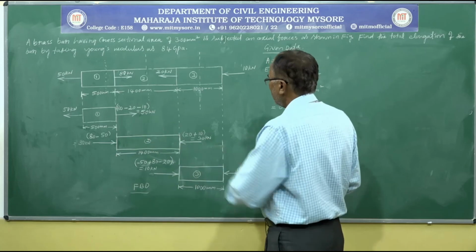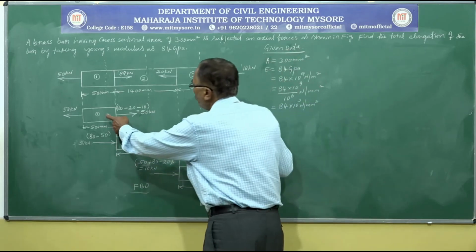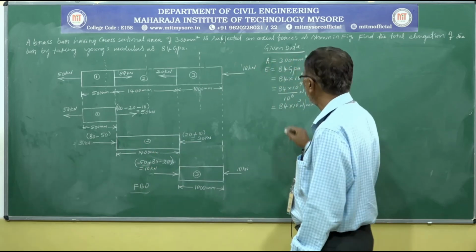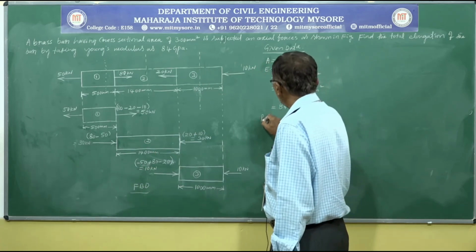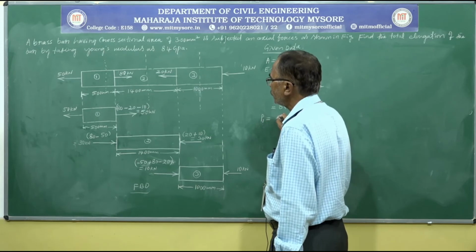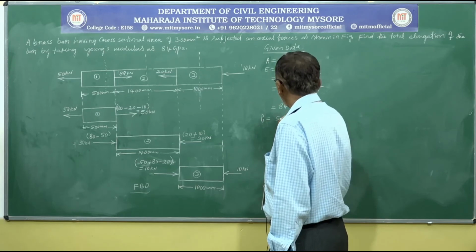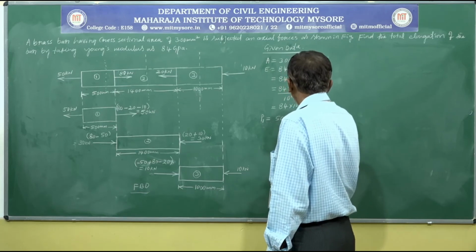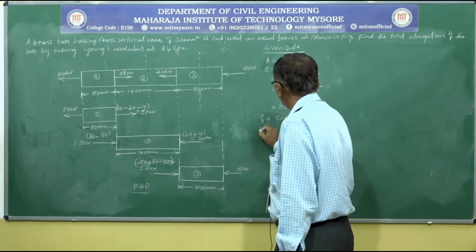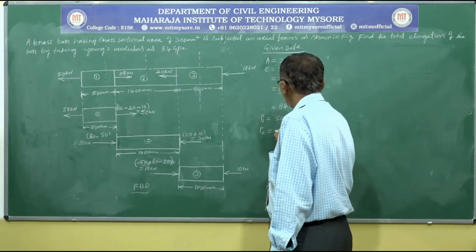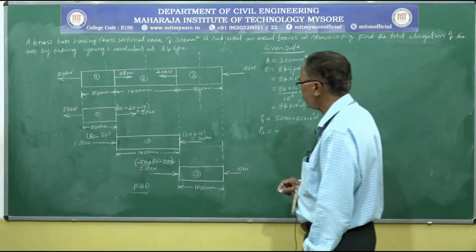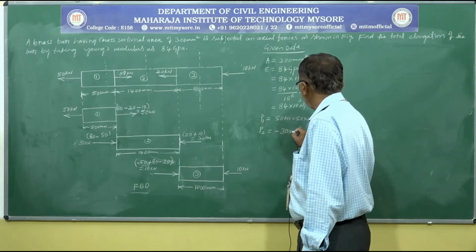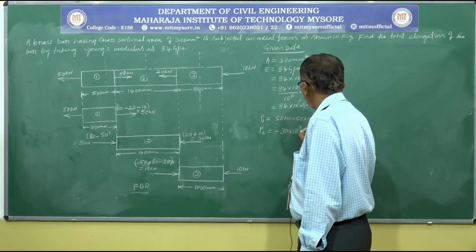Now, let us consider the loads acting on different portions. So, P1 is equal to 50 kilonewton, that is equal to 50 into 10 power 3 Newton. P2 is equal to minus 30 into 10 power 3 Newton, it is compressive force.